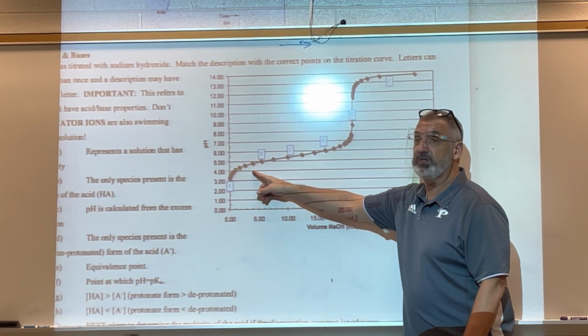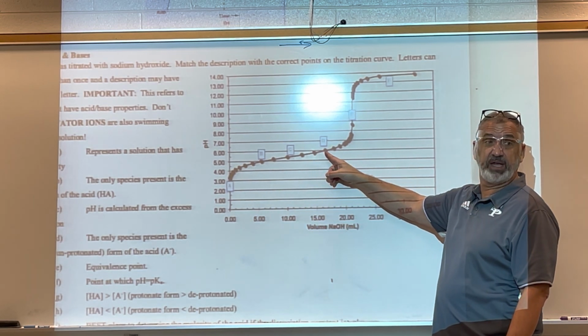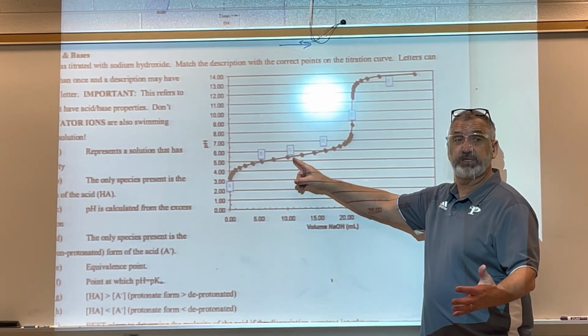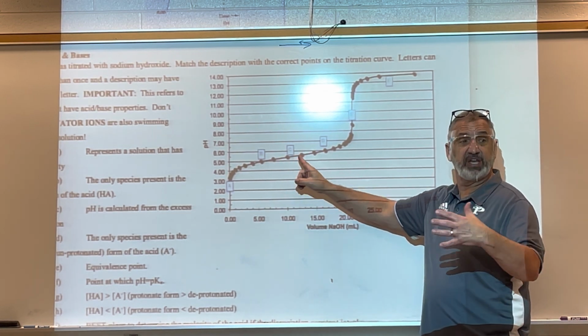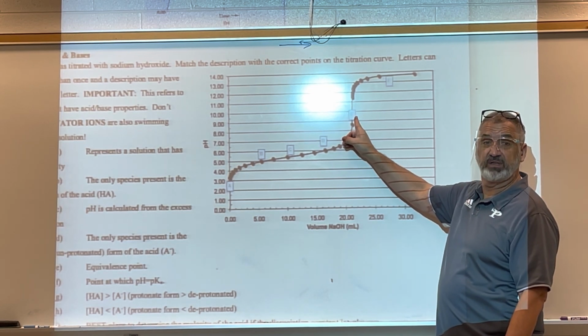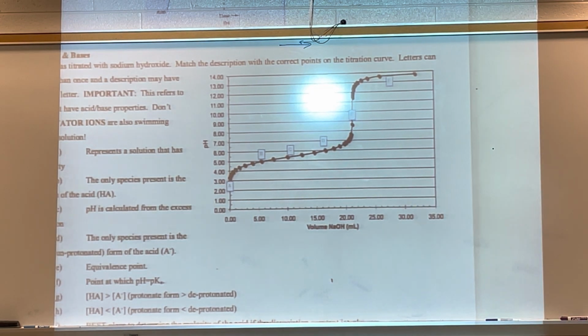Up until this point, we use HA as the equilibrium, HA going to H plus and A minus. These concentrations, the H plus, the A minus and HA, are changing. But here, we only have the salt.